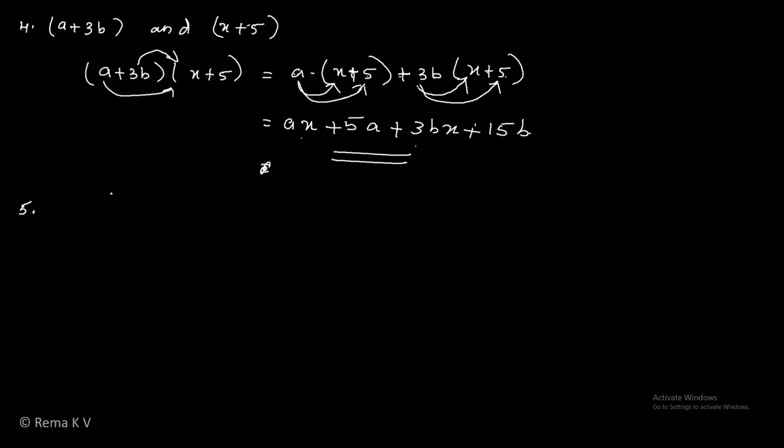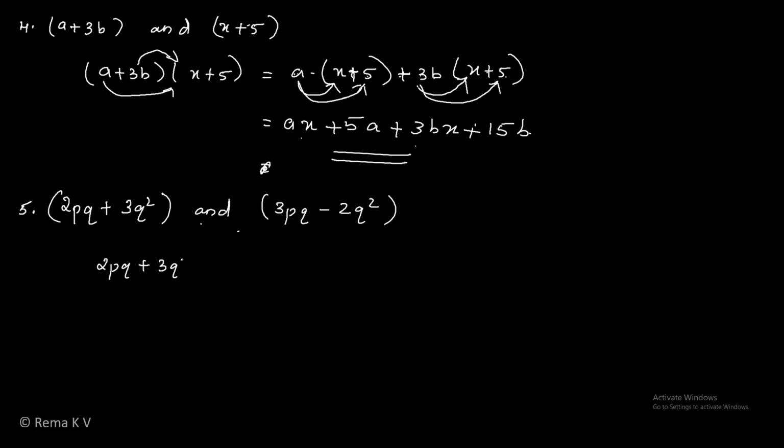Okay, now the next one. 2pq plus 3q square and 3pq minus 2q square. 2pq plus 3q square into 3pq minus 2q square is equal to, first term is 2pq.